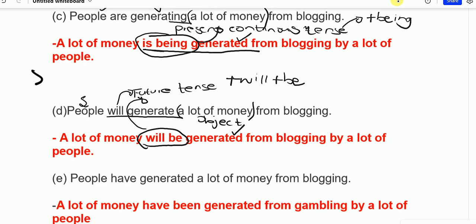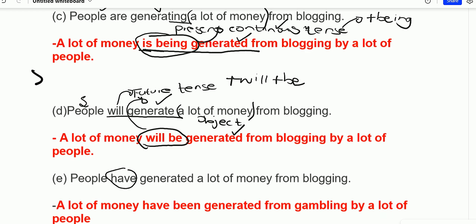So the same way that we did with present tense and past tense, we are going to do the same with present continuous tense and future tense. The two sentences are the same. The only difference is that here we use the auxiliary verb is being to indicate that we are changing what? A present continuous tense. And then here we have used the will be to indicate that we are actually changing what? A future tense. Now what about in sentences where we have either the present perfect tense or the past perfect tense?